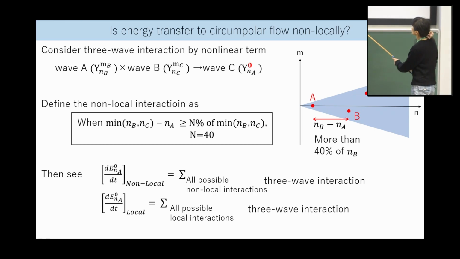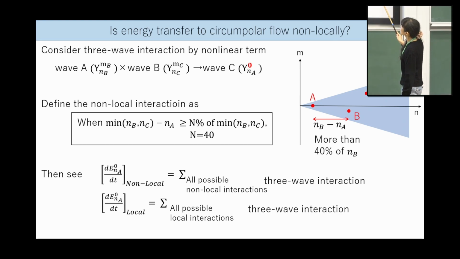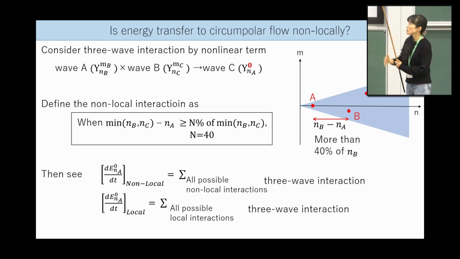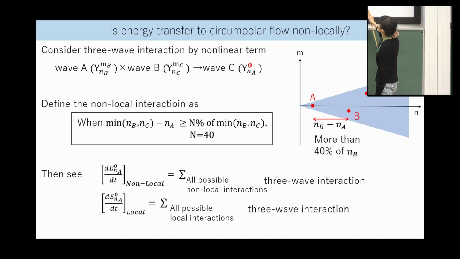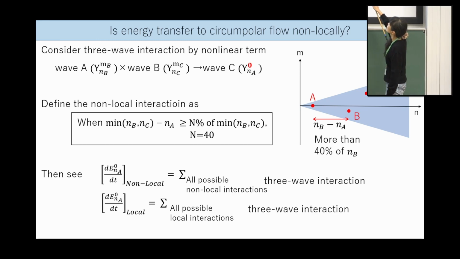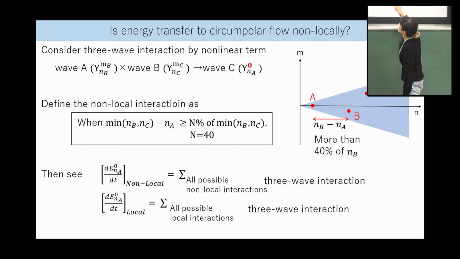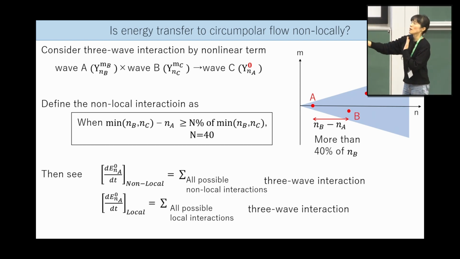This means that, for example, we have 3 waves here, and waves B and C are interacting with each other to give energy, or to give influence, to effect on wave A. And when we are considering non-local interaction, that means the wave numbers of waves B and C and the wave number of wave A have a big gap.